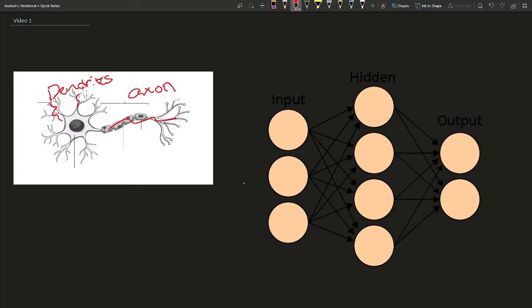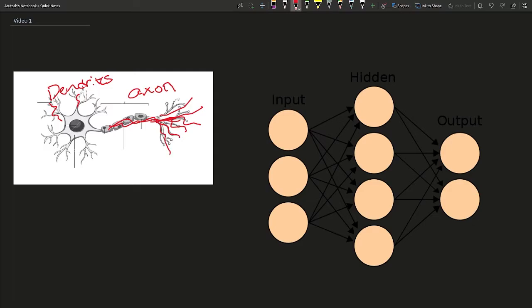We can think of this neuron as a function, and we can think of these dendrites as the input values coming in. These would be connections to other neurons, and the inputs would depend on whether or not those neurons fire. So we have our inputs into the neuron, and then we have one output. This neuron takes in multiple different inputs and comes out with one big output that it sends to multiple different neurons.